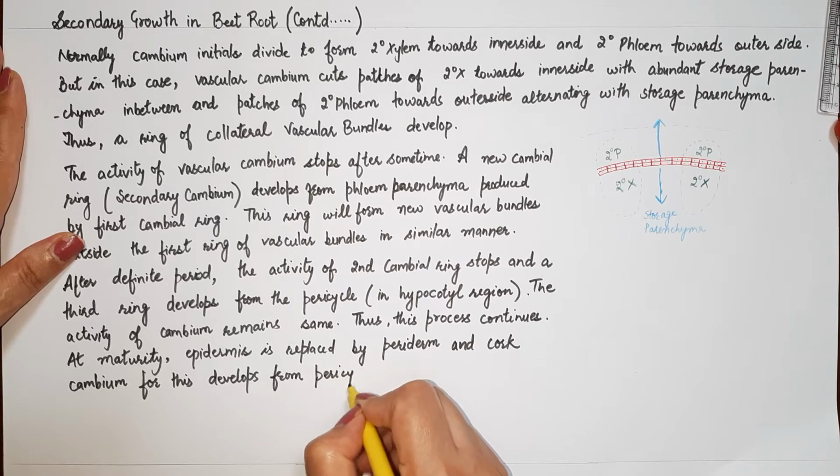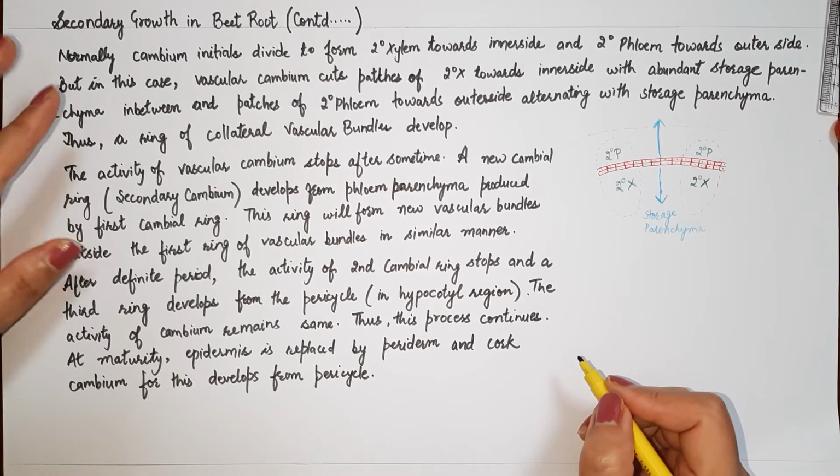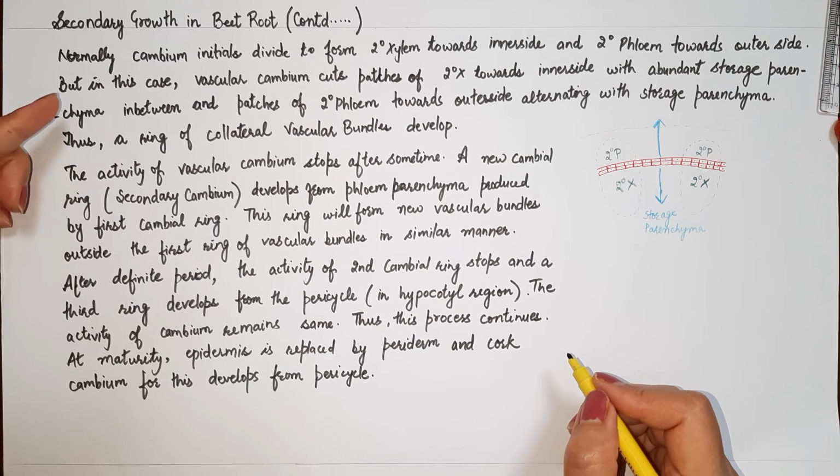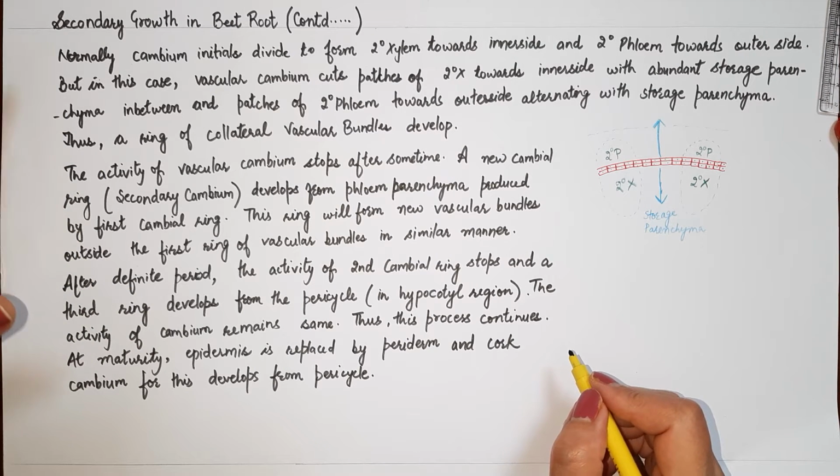Okay, so now third cambium onwards, the pericycle ring is going to form vascular cambium as well as cork cambium.